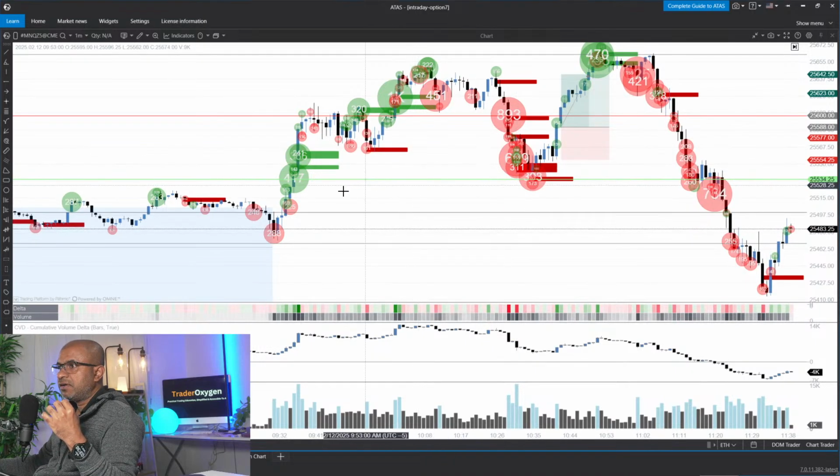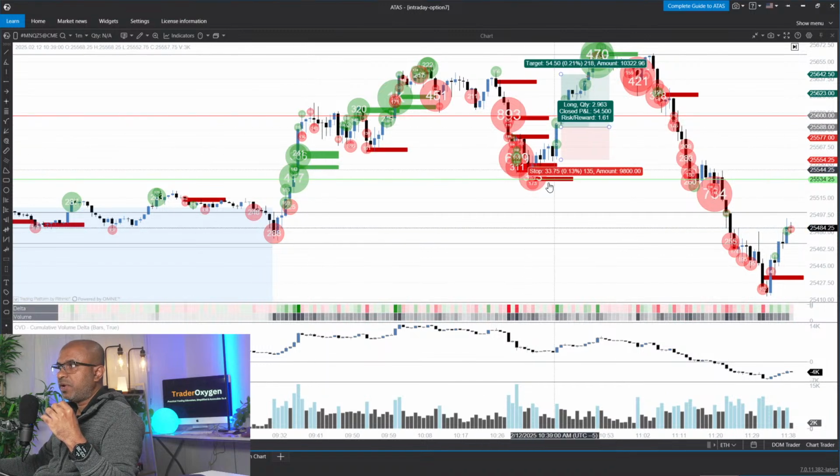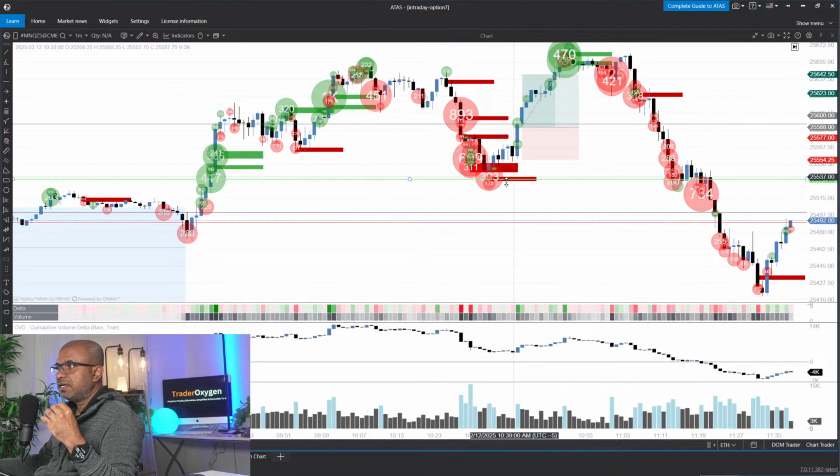Now, however, because the price pushed up away from the value area high of the range, and because of aggressive buyers pushing the price up, what we noticed was, even though aggressive sellers were pushing the price down, these aggressive buyers over here defended the price.